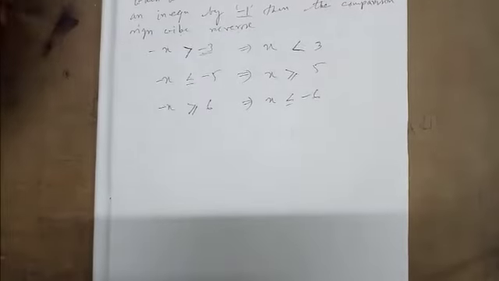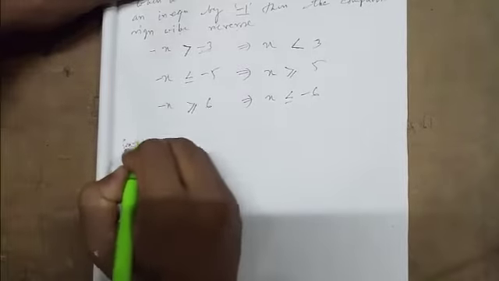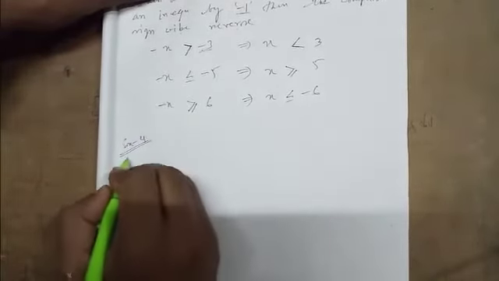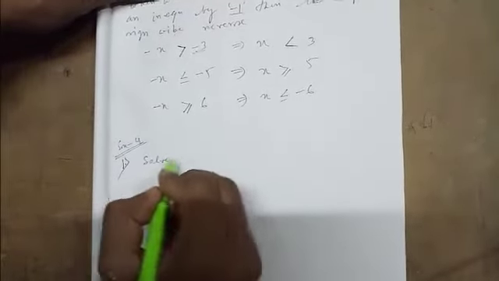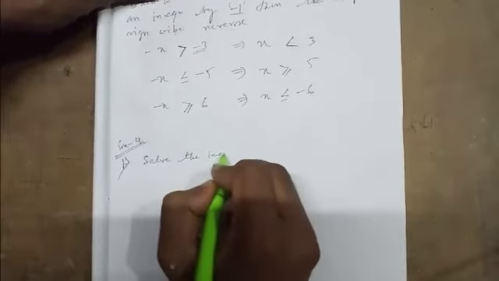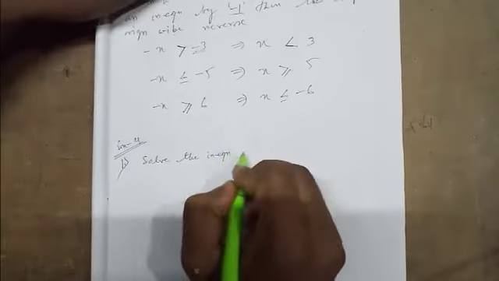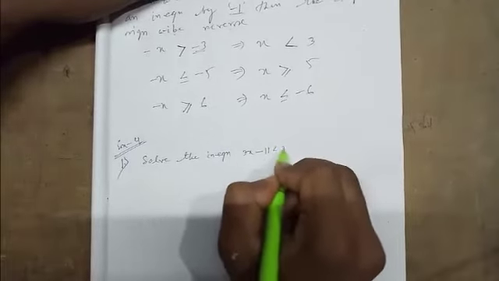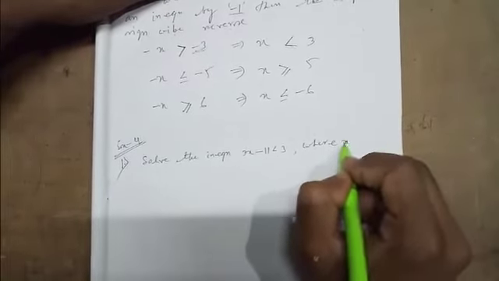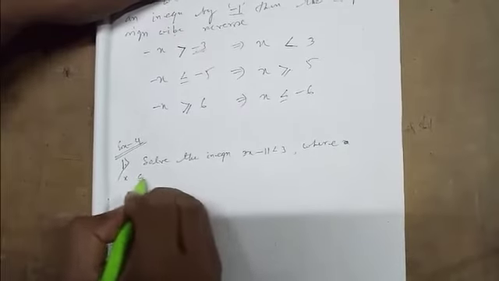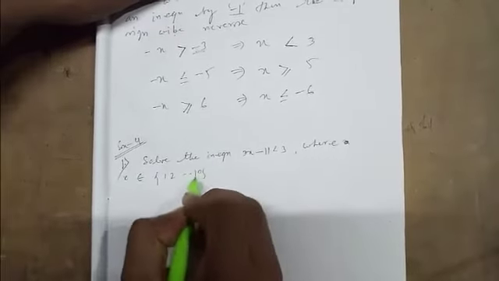Now let's solve some problems from our exercise book. Let's solve the very first problem from exercise 4. It is problem number 1. Solve the inequation 3x minus 11 less than 3, where x belongs to 1, 2, and so on up to 10.